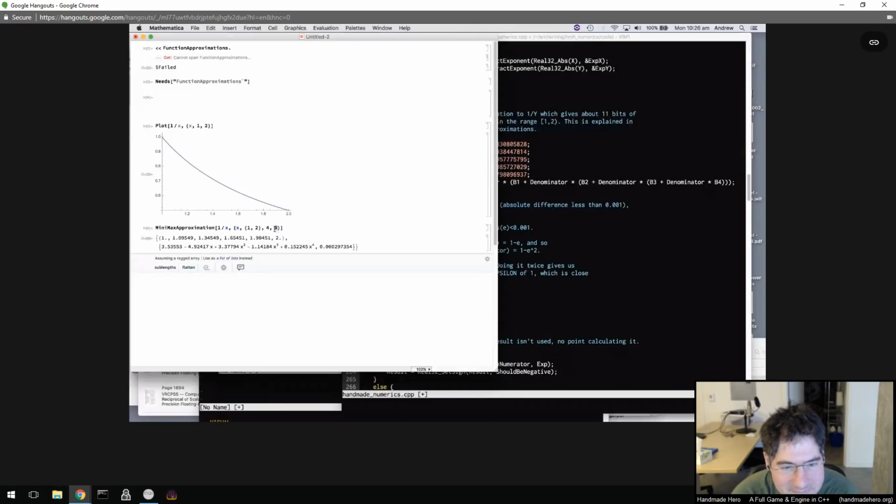So the reason for this 0 here is that this will calculate a rational approximation, so a polynomial divided by a polynomial. Sometimes that's a better approximation than the polynomial, even for numeric analysis. If a function is very well approximated by it, use a rational approximation and pay for the division.